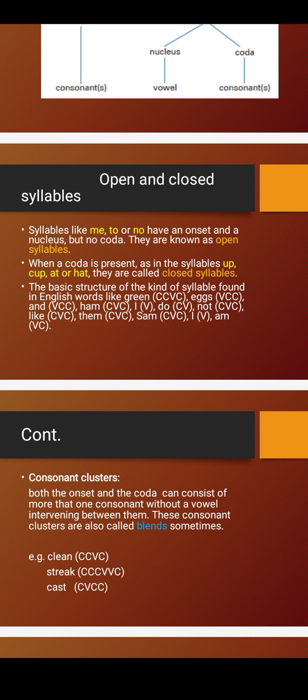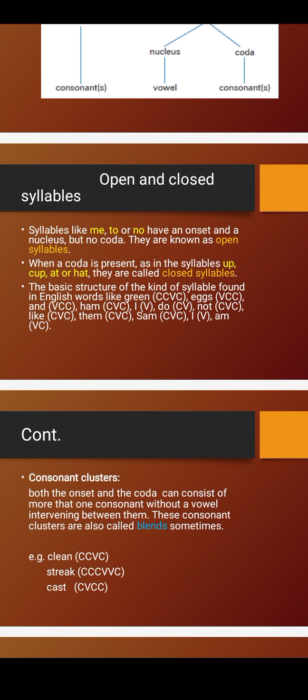Syllables are of two types: open syllable and closed syllable. In the open syllable type, our nucleus, which is our vowel, is not followed by a consonant, which means that there is no consonant after the vowel.